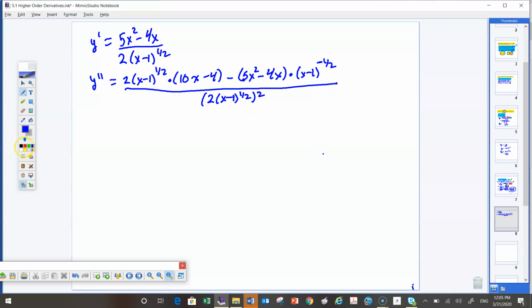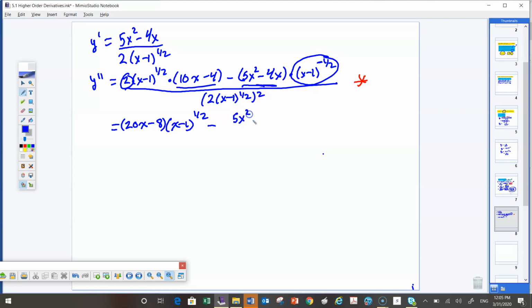So we are really done calculus right there, and the rest of this now is going to be algebraic simplifying. So first things first, I'm going to distribute the 2 into this, so I'm going to get 20x minus 8 times x minus 1 to the 1/2 minus this term, because it's a negative exponent, can become a denominator for 5x squared minus 4x.